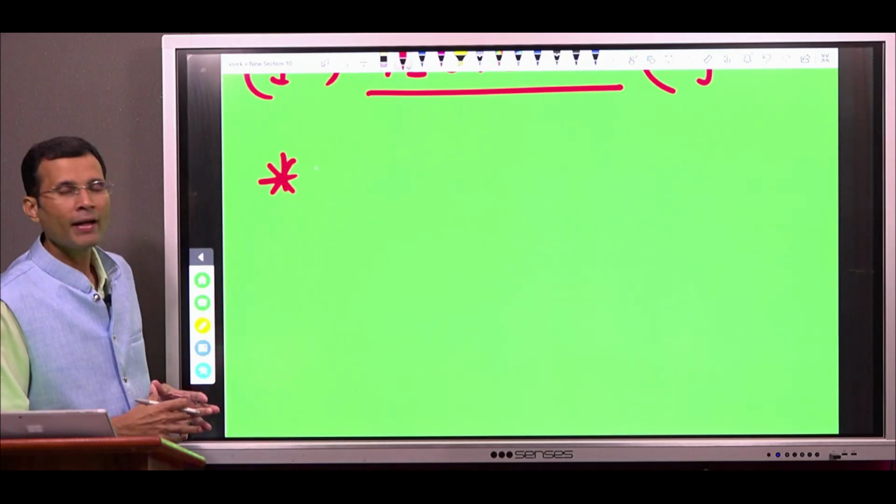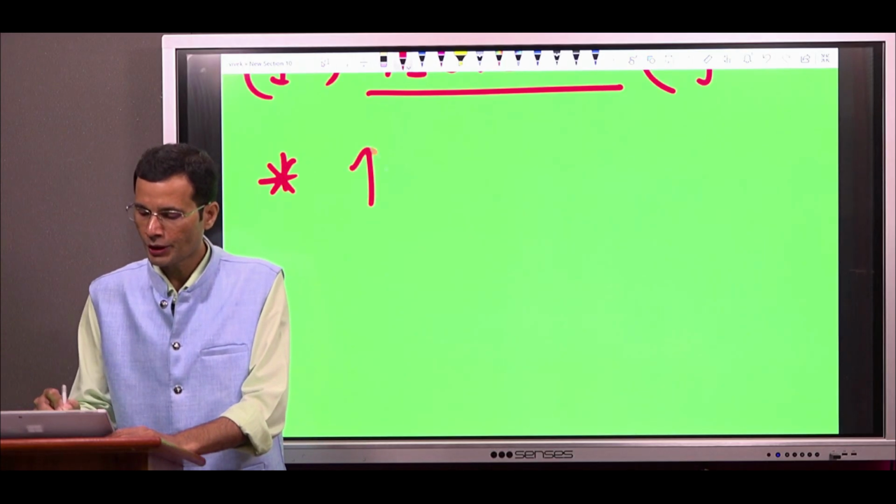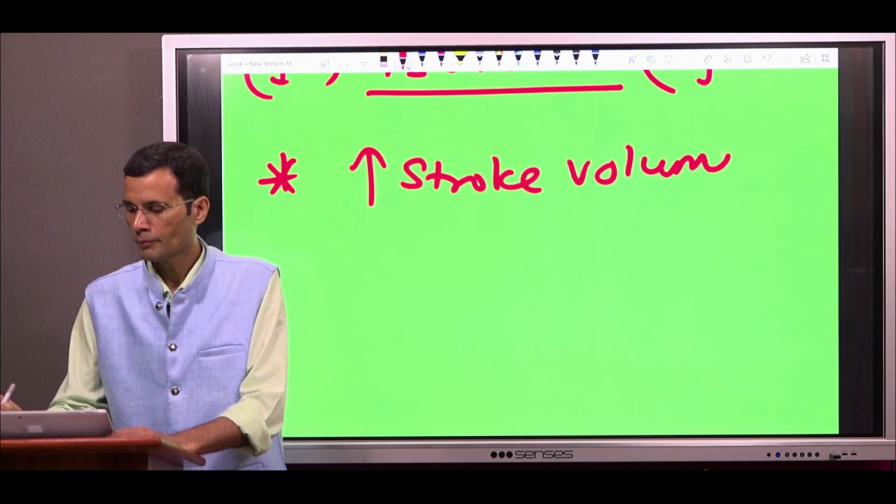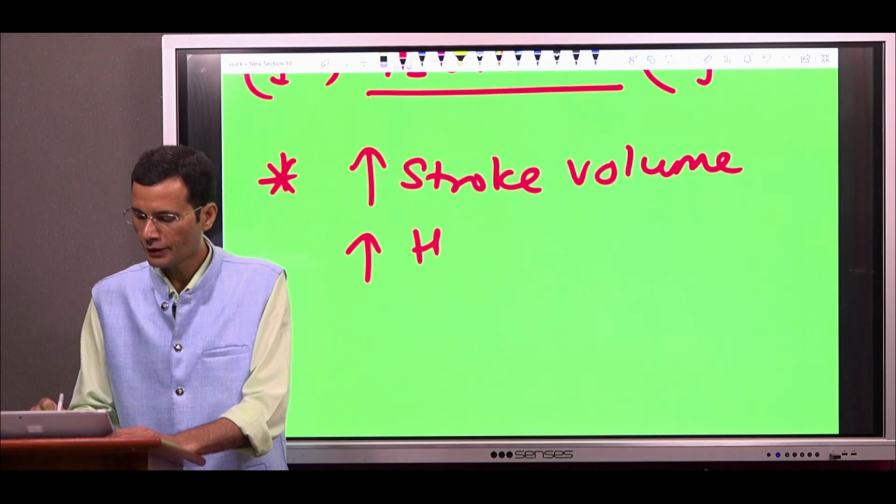First thing is that there is increased stroke volume, there is increased heart rate.